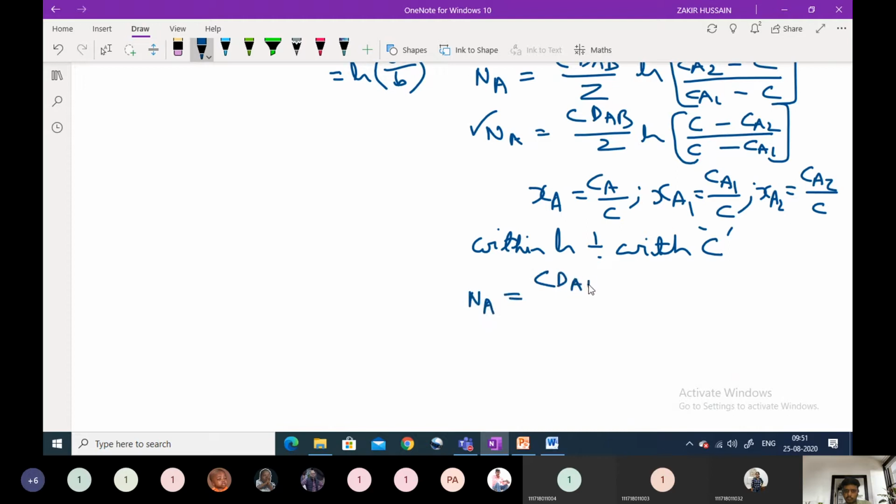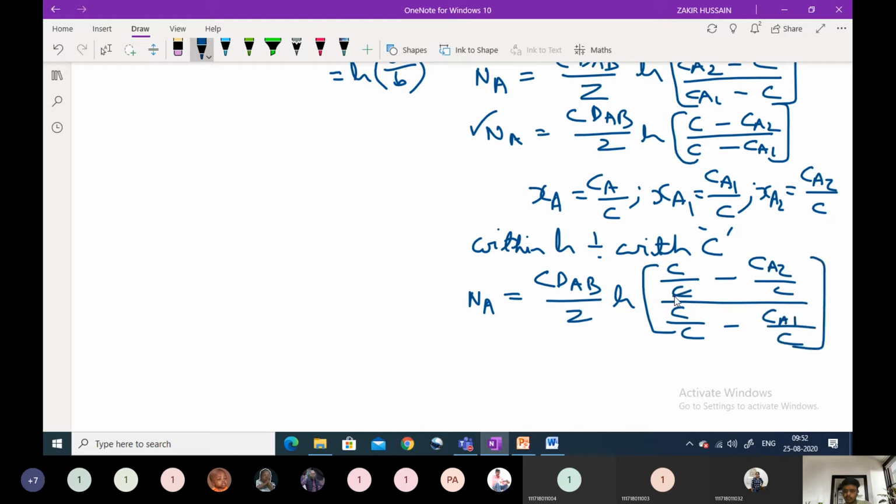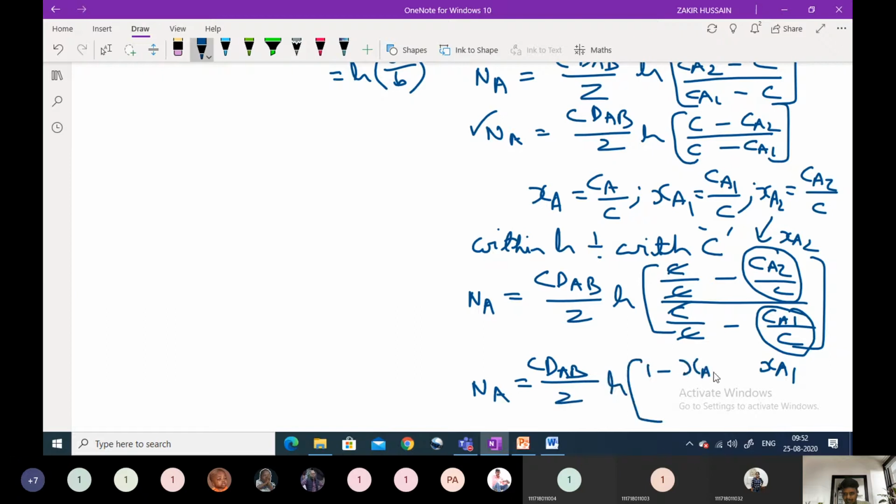Na is equal to C DAB by Z ln of C by C minus Ca2 by C, over C by C minus Ca1 by C. The C by C we can cancel out. Ca2 by C is nothing but XA2, and Ca1 by C is nothing but XA1. So we can write Na is equal to C DAB by Z ln of 1 minus XA2 by 1 minus XA1.